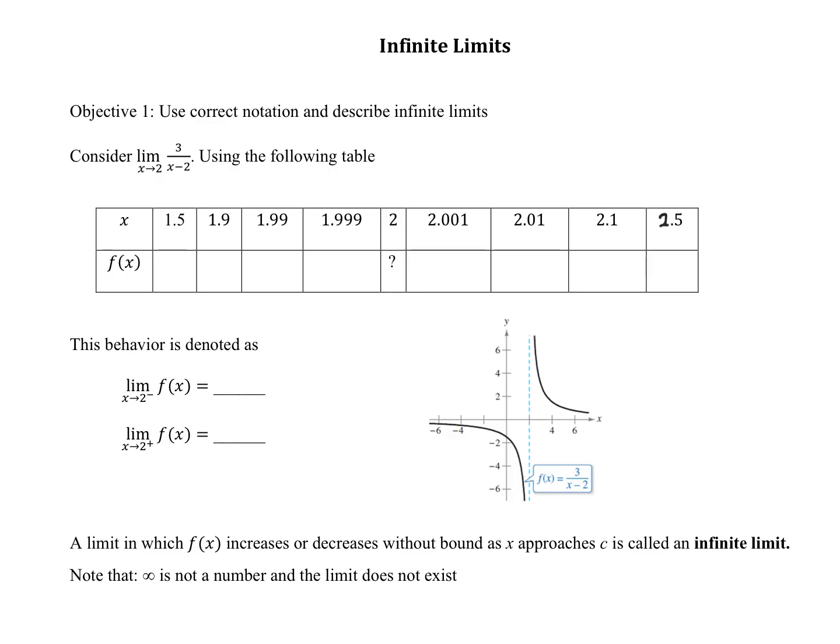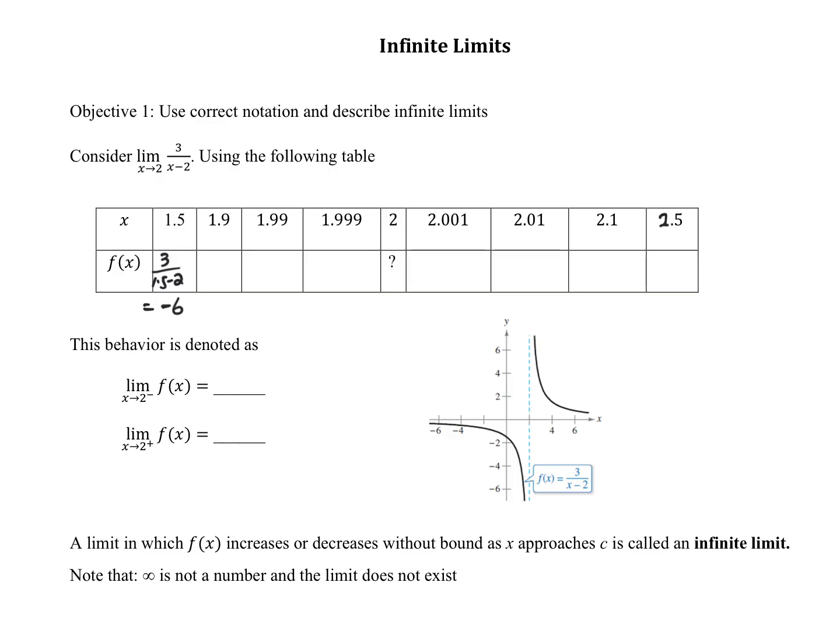So let's say when x is 1.5, let's look from the left first. When x is 1.5, we have 3 over 1.5 minus 2, which is 3 over negative 0.5, and then we will get negative 6.